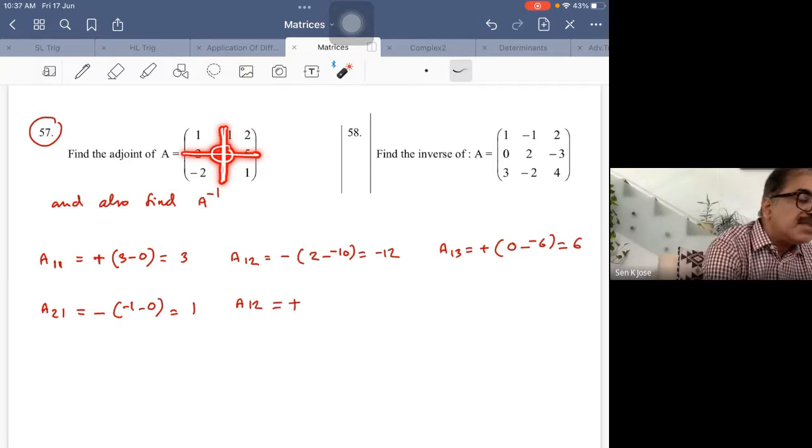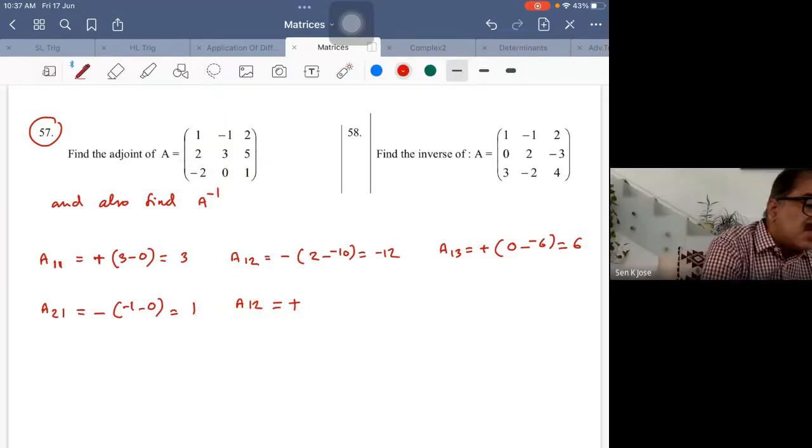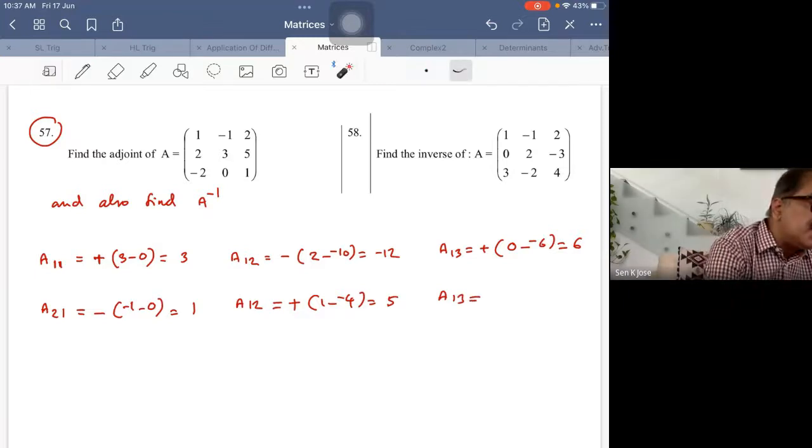So Aishi, can you tell me what is the minor of this element A22, plus of? Aishi? So it's 1 into 1 minus minus of minus 4. It will be plus 4, minus 4. That's 5 there. Then A13, when I say, Rainer, tell me the position sign for this element.